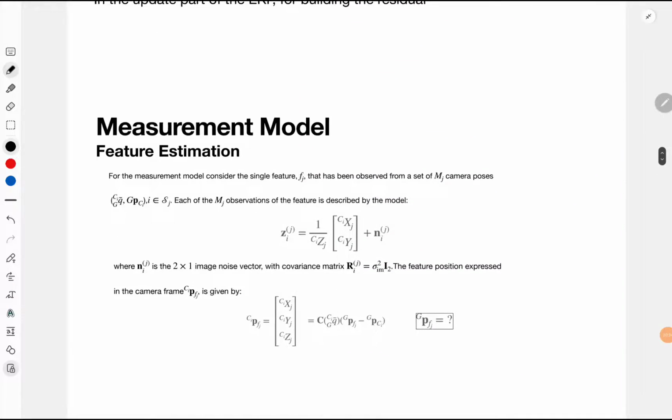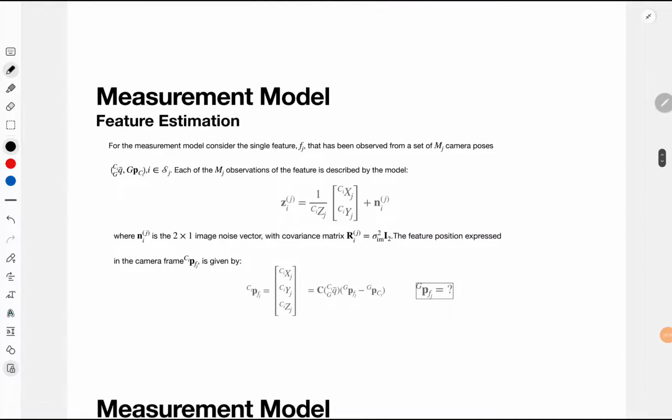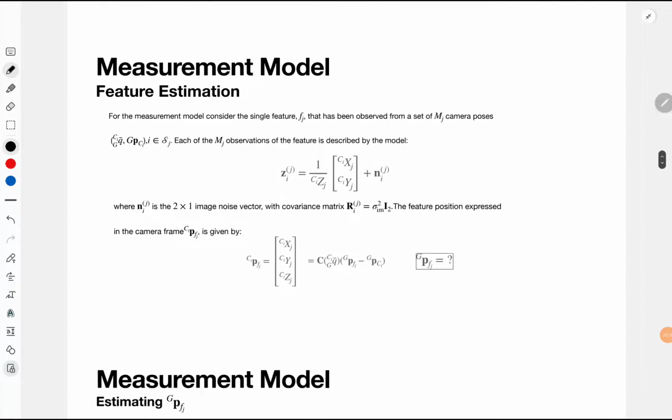Now this is the interesting part of the MSCKF, which is the measurement model and how they've described it. So this is their measurement model.